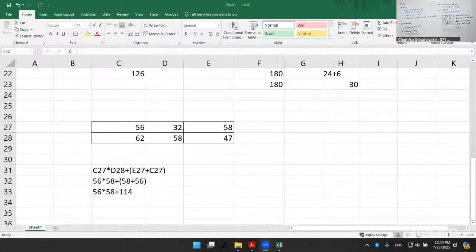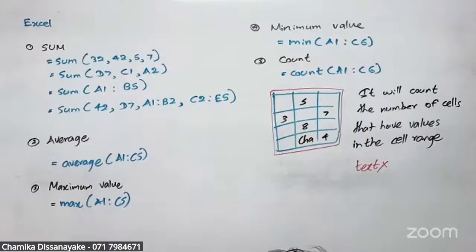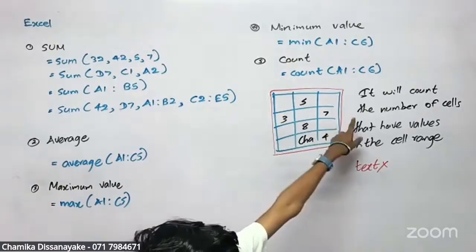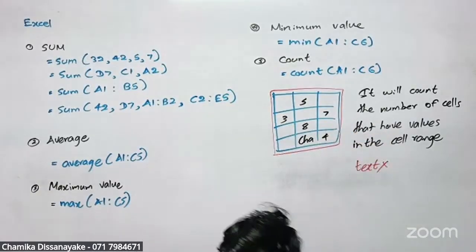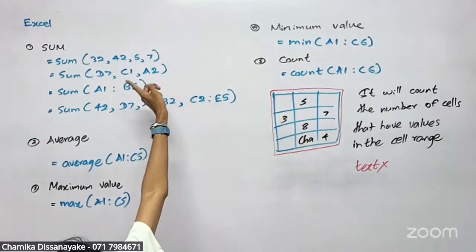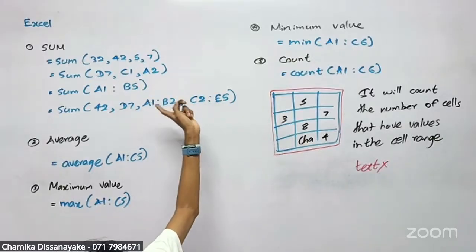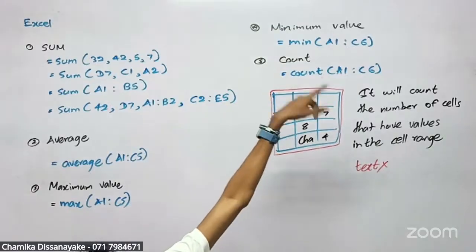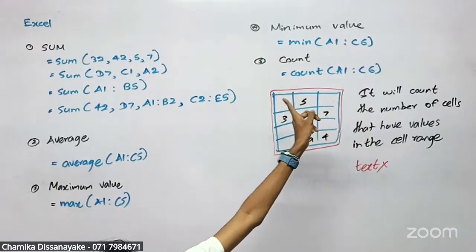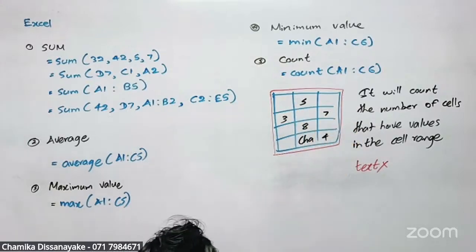So you have to just write that one also, and write the formulas and also this one for the count. I'm not going to give you the notes. Sum is summation. Average is mean average. Maximum value is maximum value. Minimum value is minimum value. For the count, you have to just write this one. Write that one and let me know.